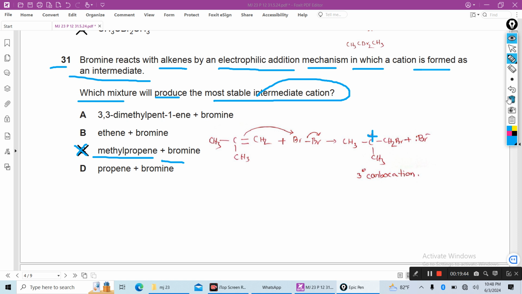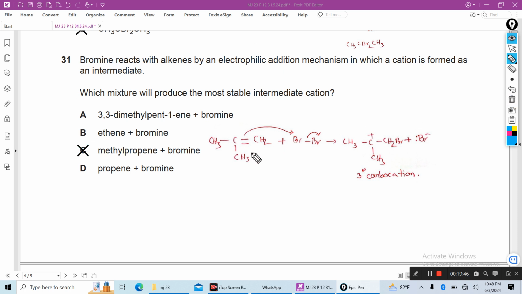How is it formed? You see, when methyl propene reacts with bromine, Br2, this bromine becomes a negative ion, and this bromine becomes a positive ion.